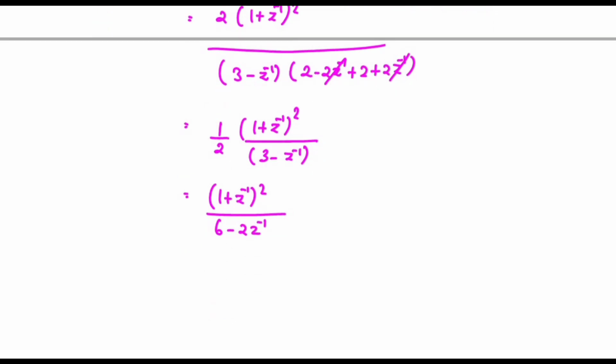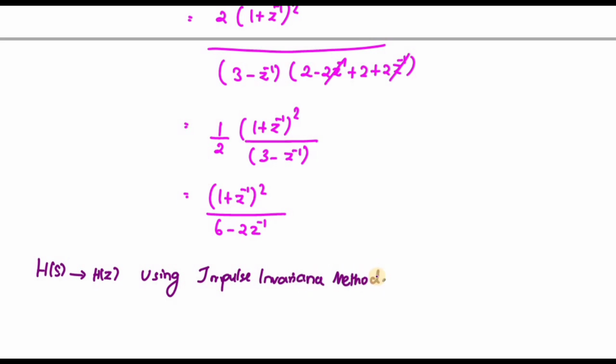Okay. In a similar way, I can convert this H(s) to H(z) using the impulse invariant method also. So how to do it?